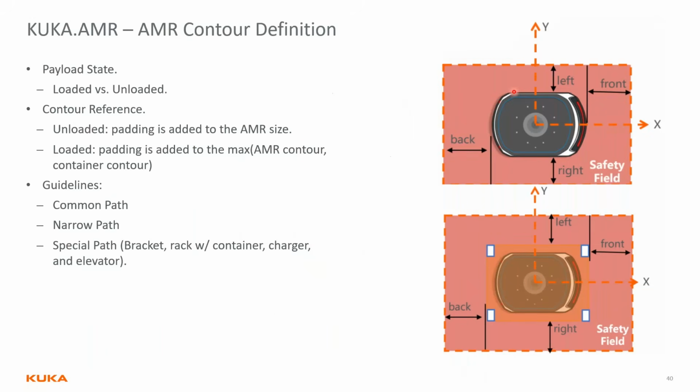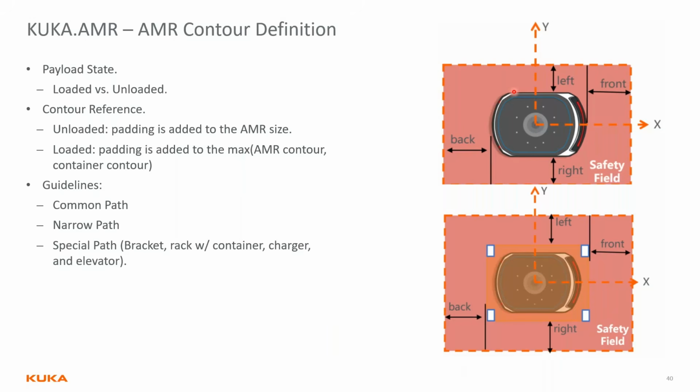The AMR knows its size, so it's programmed to know its size when it's doing obstacle detection maneuvers. It knows how much it needs to deviate from the path. It knows when to stop. And there are different cases, obviously. It depends on the payload status, if it's loaded or unloaded, and on the padding that you specify on the AMR.